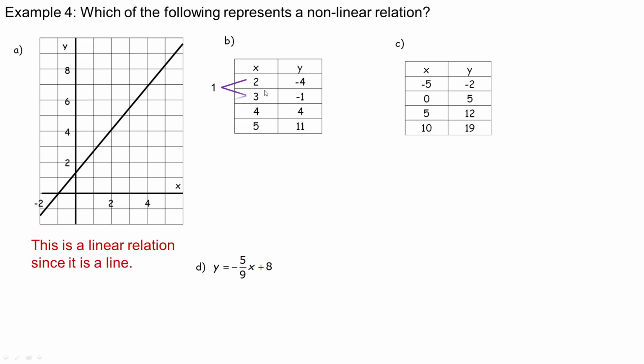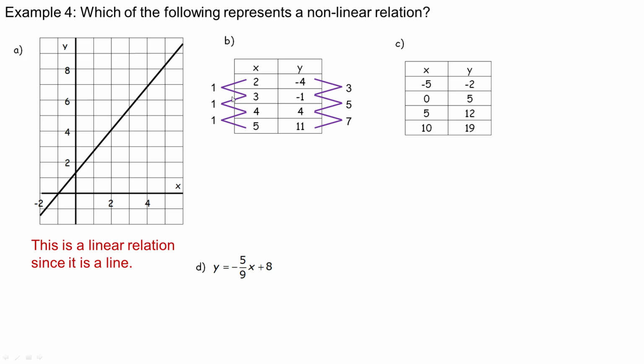So if you look here, this is going up by 1 each time, so that makes it more convenient to check here. And so notice that the y's from -4 to -1, it goes up 3. Think of temperature. If you're at -4 and it goes up to -1, you've gone up the thermometer 3 degrees. From -1 to +4, it's gone up 5. From 4 to 11, it's gone up 7.